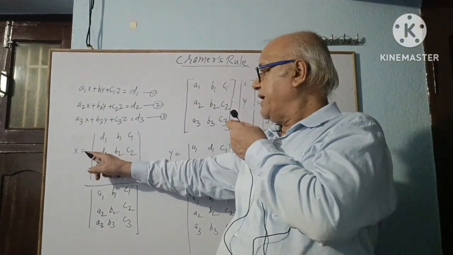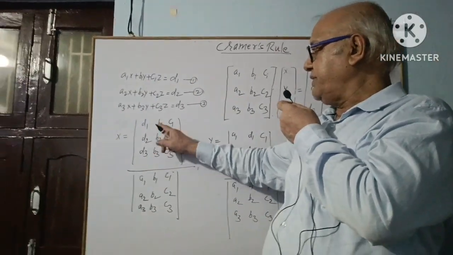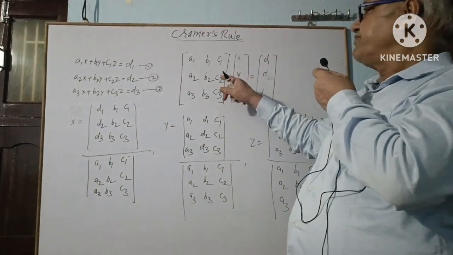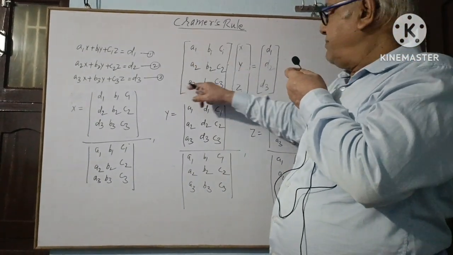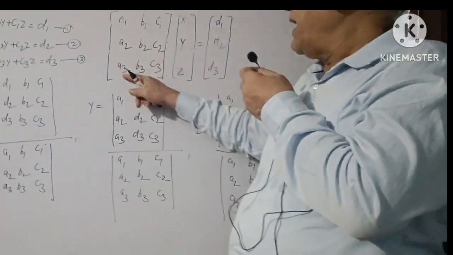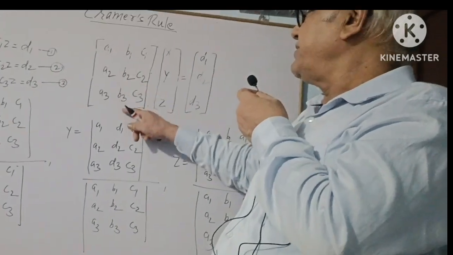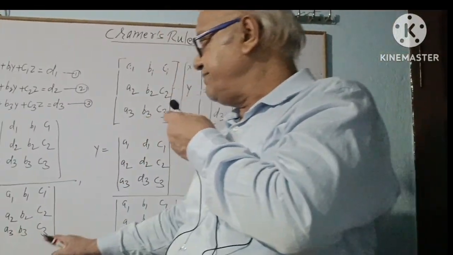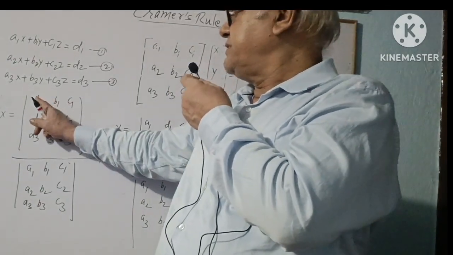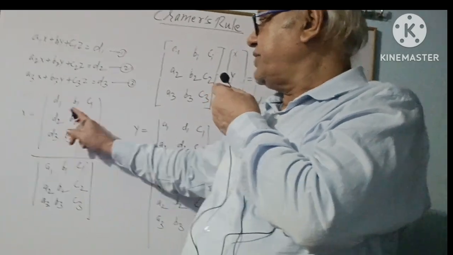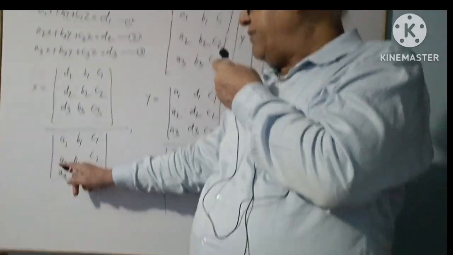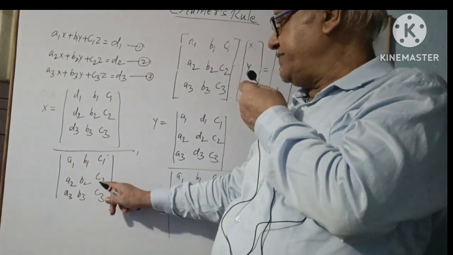Then x is equal to the determinant of d1, d2, d3, b1, b2, b3, c1, c2, c3, divided by the determinant of a1, a2, a3, b1, b2, b3, c1, c2, c3.